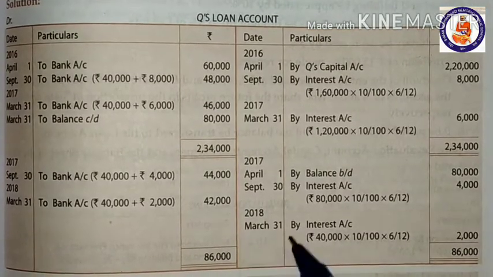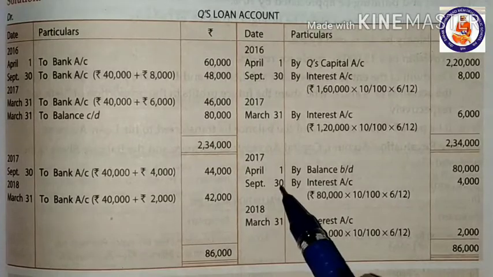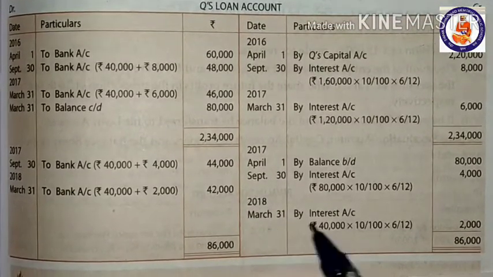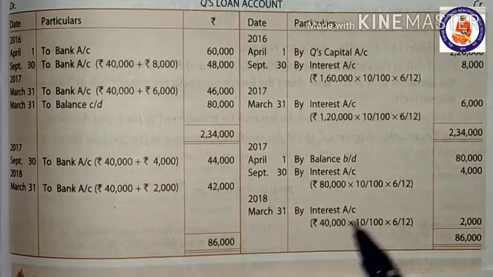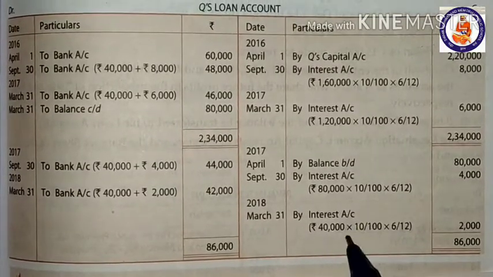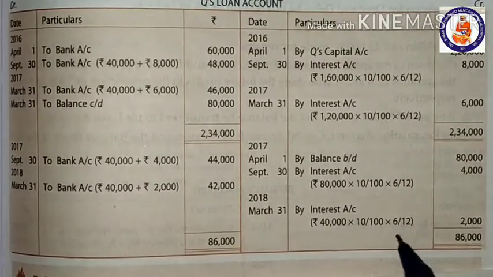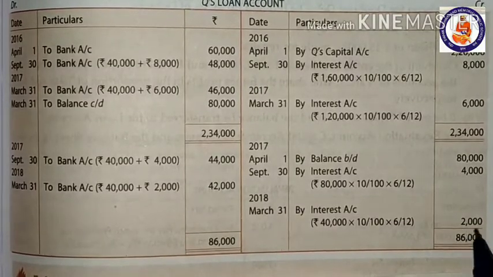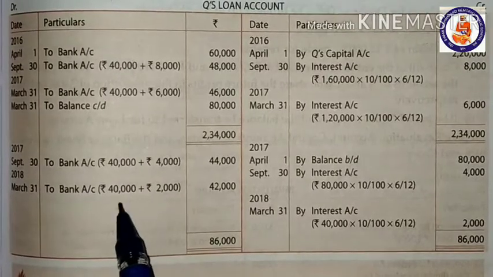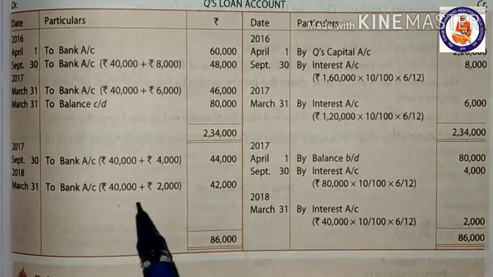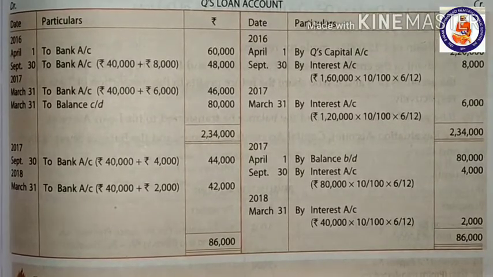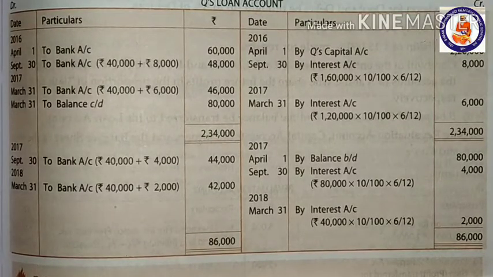We will charge interest on 31st March after 6 months, as this is the last installment to be paid. The interest on this 40,000 at the rate of 10% comes to 2,000 rupees. The last installment will be this 2,000 of interest plus 40,000, a total of 42,000. This will be paid and the account will be closed, because no balance remains in this loan account.